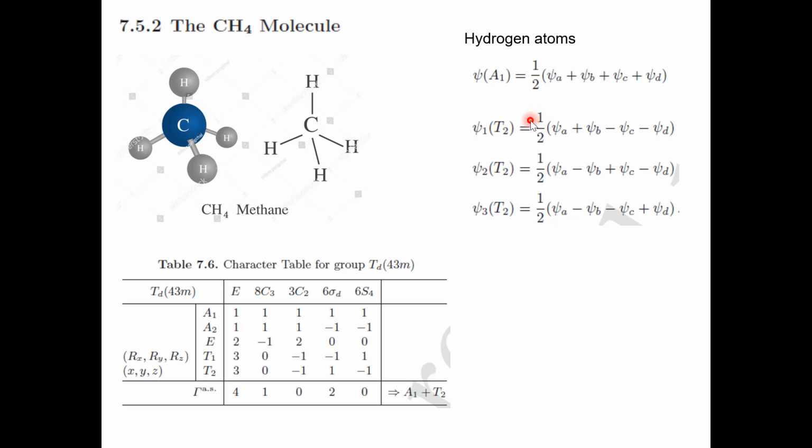But I will argue that this is a very reasonable answer, in the sense that for the totally symmetric representation A1, you could already anticipate that you have a totally symmetric sum of the four s orbitals.